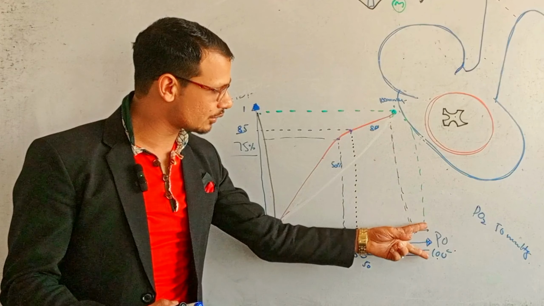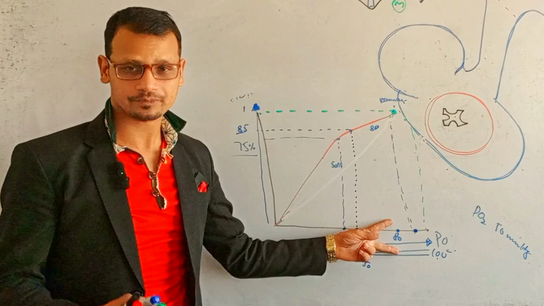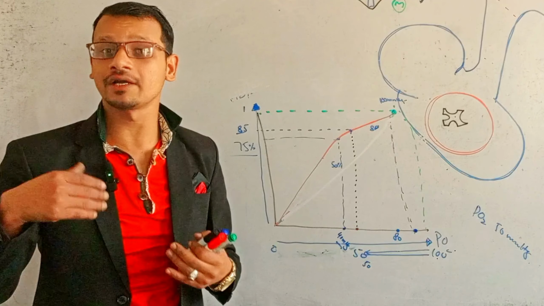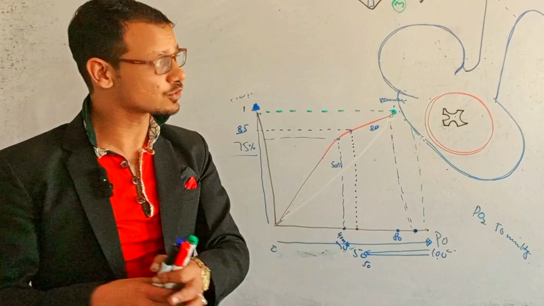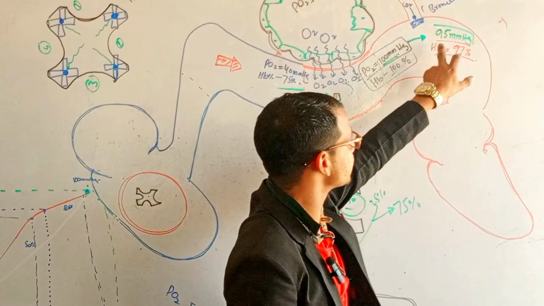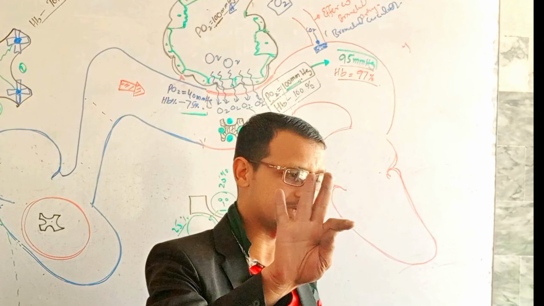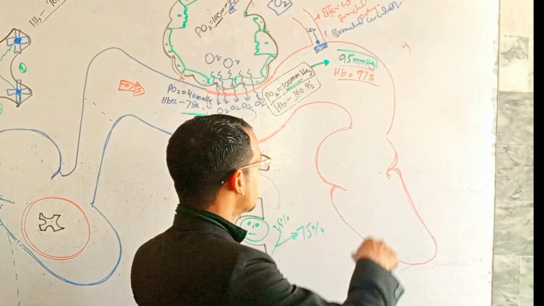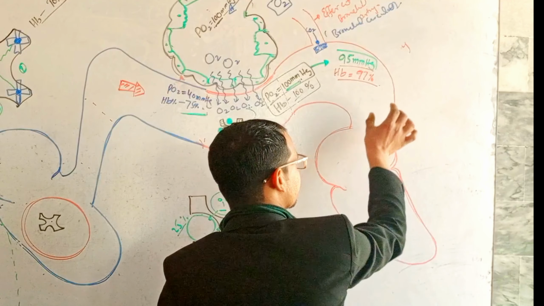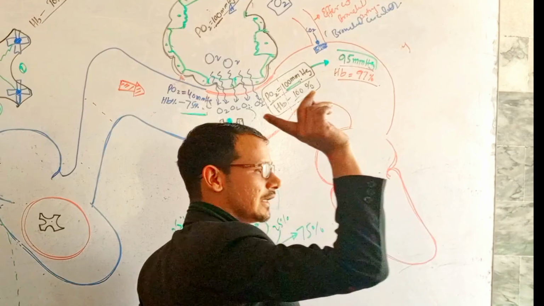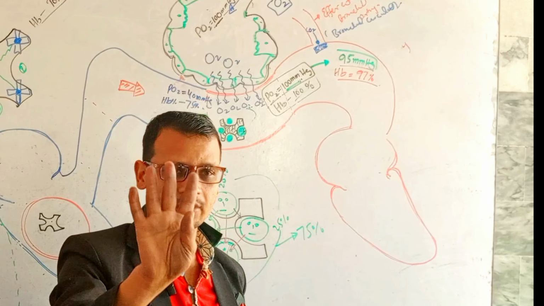When the partial pressure decreases, the saturation of hemoglobin does not decrease that much. When the partial pressure becomes 95 mm of Hg, the saturation only drops by 3%, right?